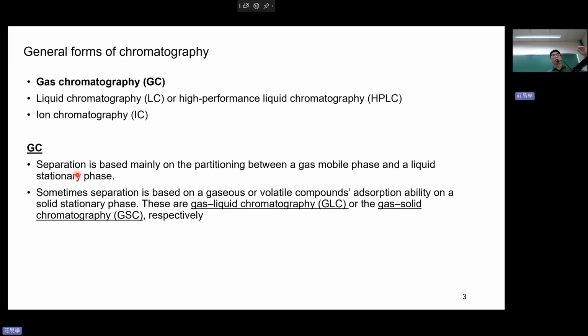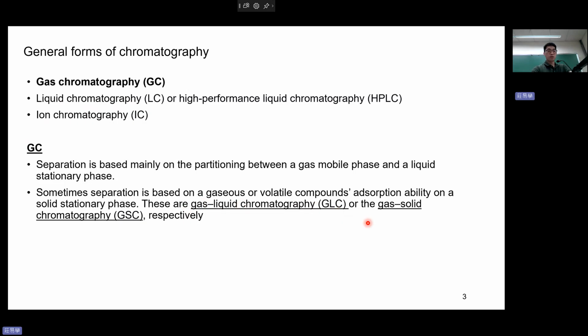When the gaseous compounds move through the column, they interact with the stationary phase. This stationary phase is actually a really thin liquid film. So sometimes we call GC gas liquid chromatography.